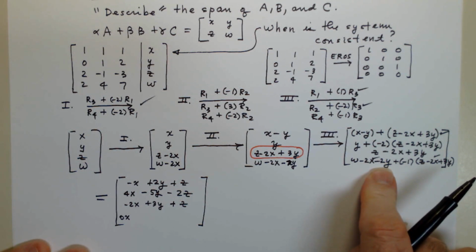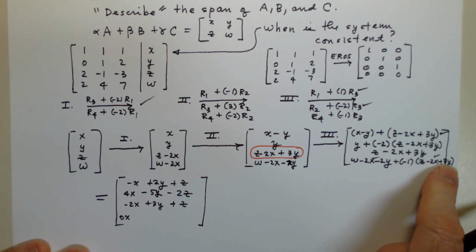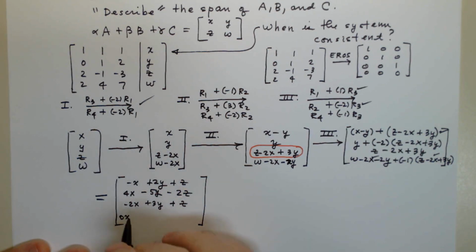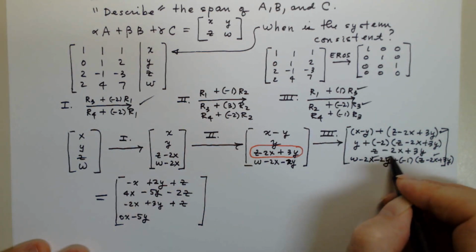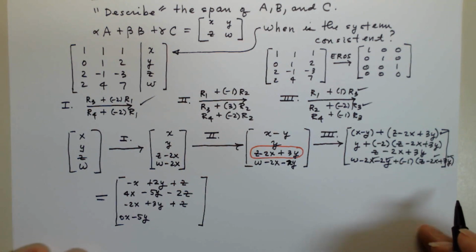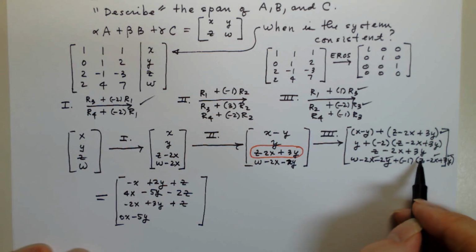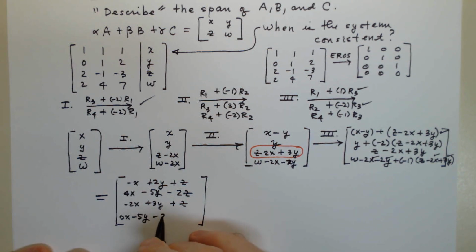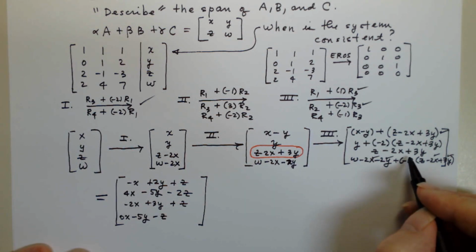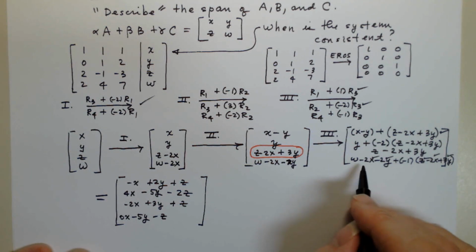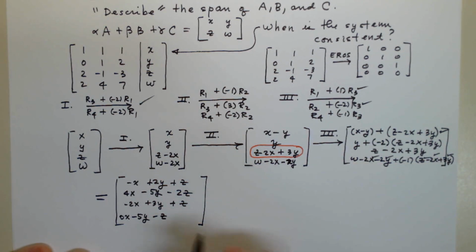A minus 2y, and by distributing that negative 1, so that'll be a minus 5y. All right, so that takes care of the y's. Now let's take a look at the z. I've got no z here. I've got a minus z, so I'll have a minus z. And then finally, the w's. I don't have any w here. I've got a w there, so plus w.